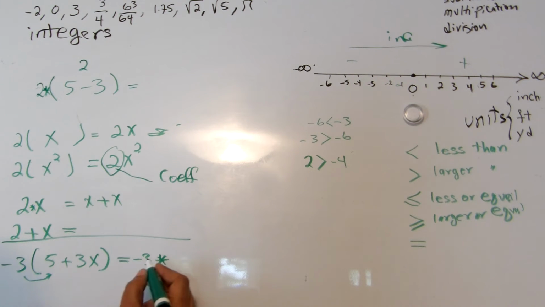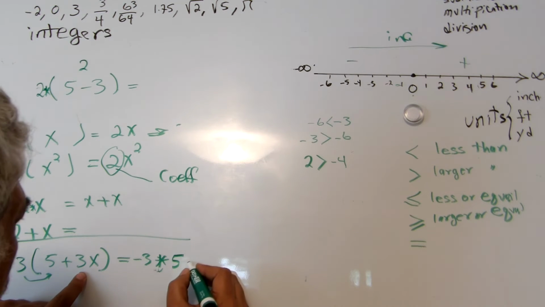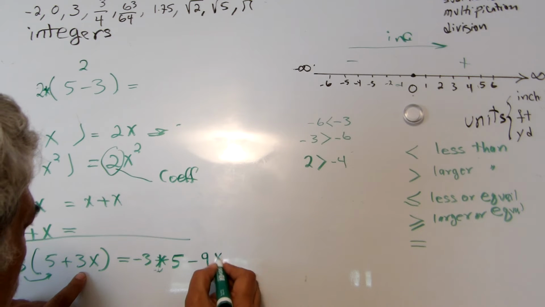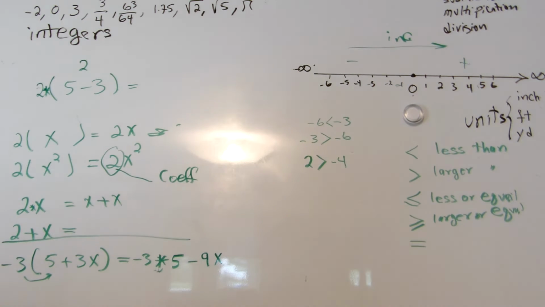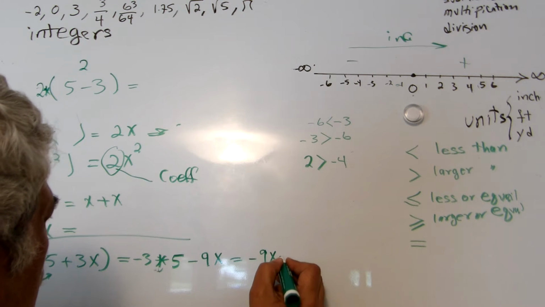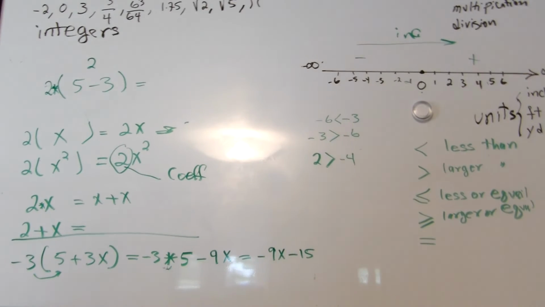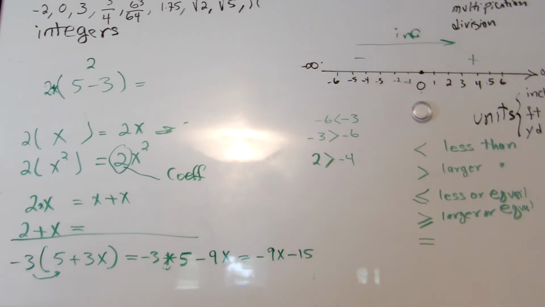So minus 3 times 5, then minus 3 times 3x is minus 9x. So the result is going to be minus 9x minus 15. Okay?